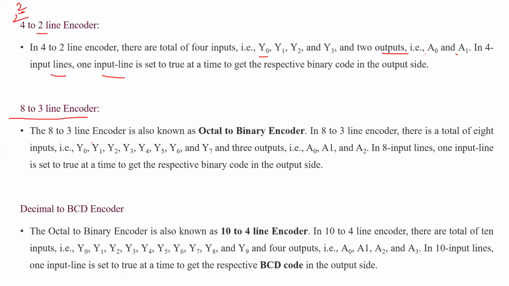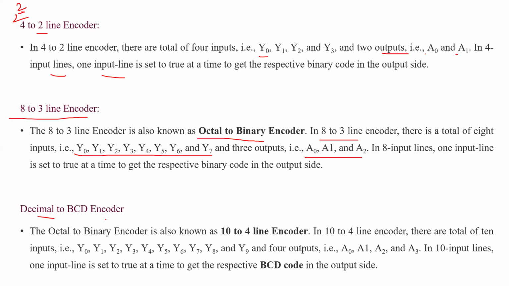Like this, the 8 to 3 line encoder is also known as the octal to binary encoder. Sometimes we should know these names, because wherever we have two or three names, these different names we have to know, since they may ask by the other names. In the 8 to 3 line encoder, there is a total of 8 inputs, y0 to y7, and 3 outputs, a0 to a2.